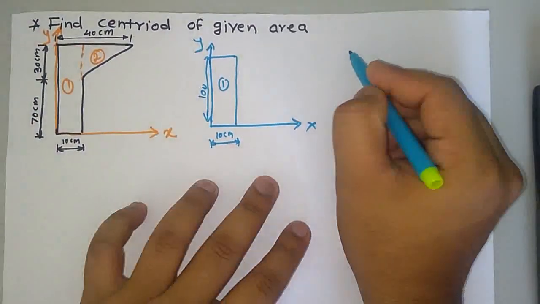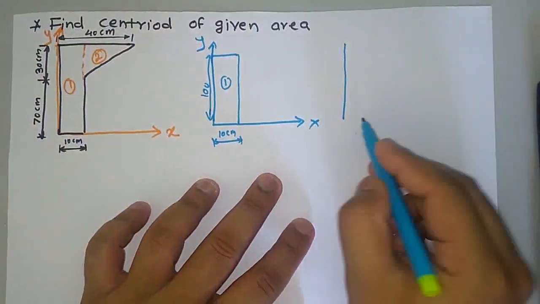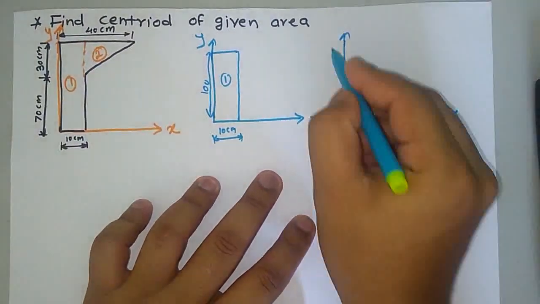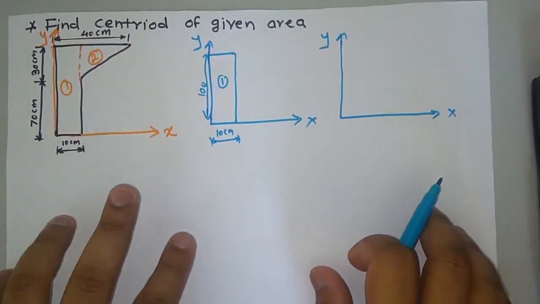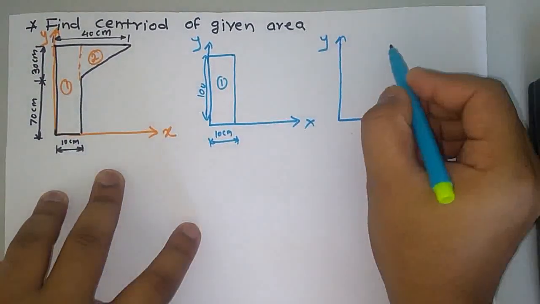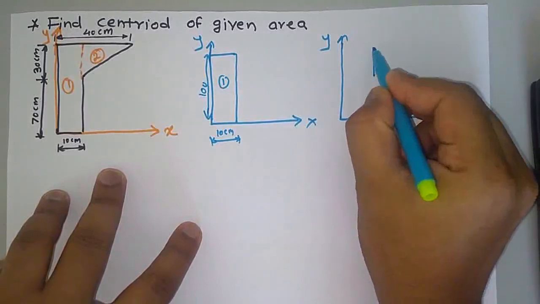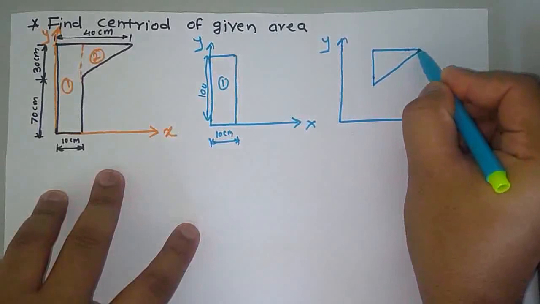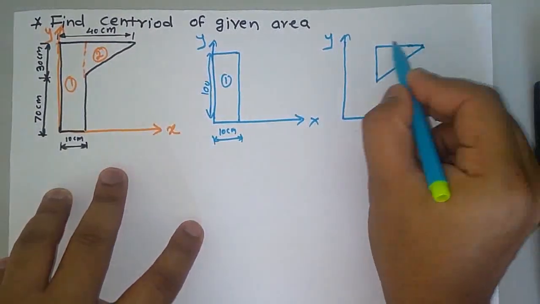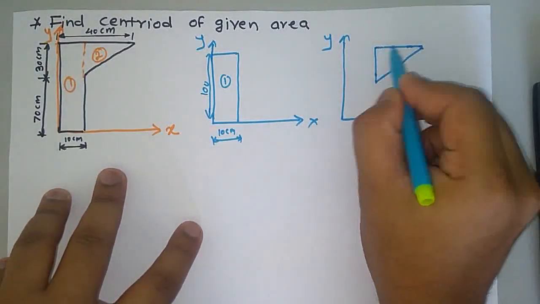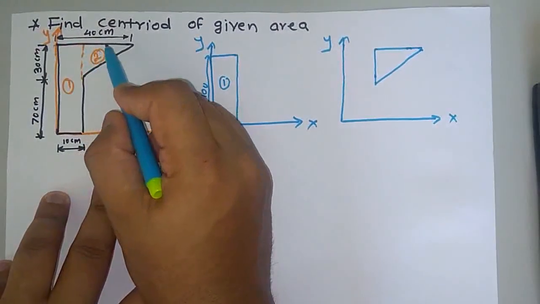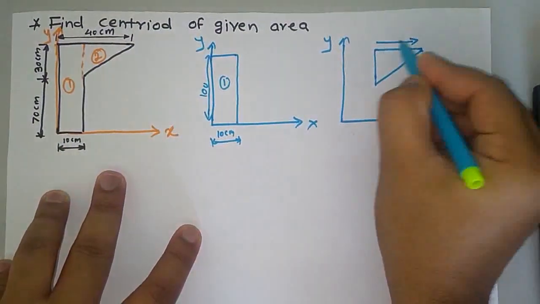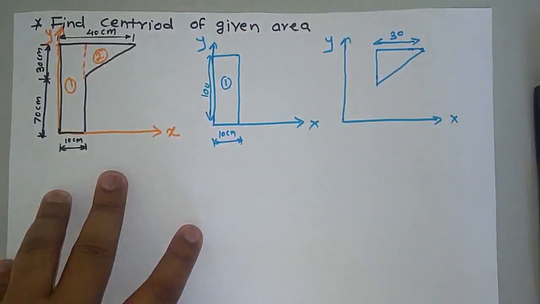Now what is the second part? The second part is the right angle triangle. So we need to draw this separately with respect to the axis. So our right angle triangle is here. Now what is this dimension? If you consider this as the height, what is the height? Here it is given 40 total, minus 10, so it is 30, right?